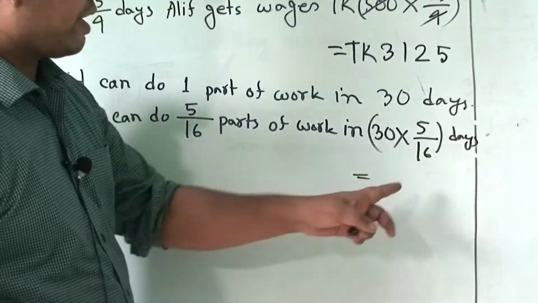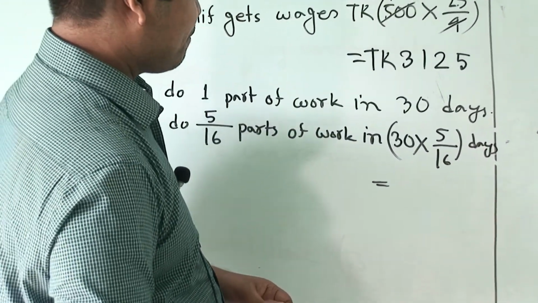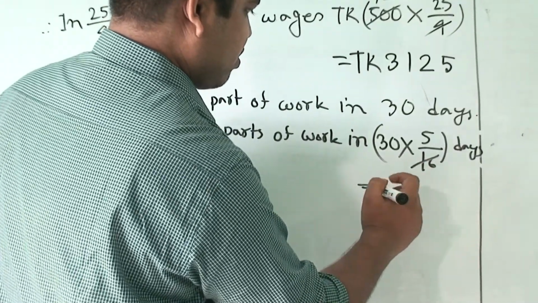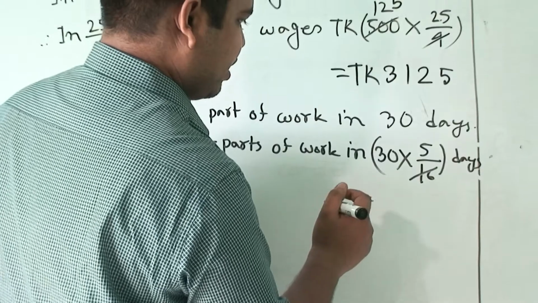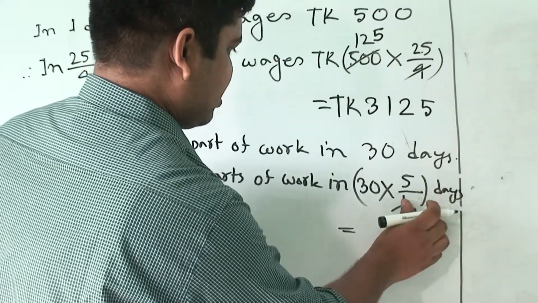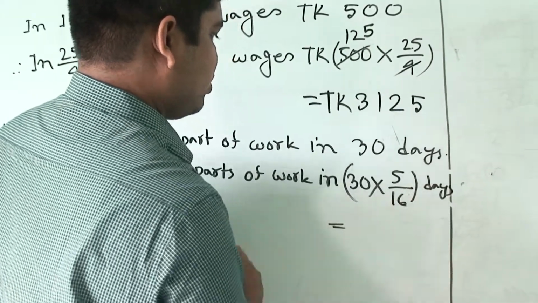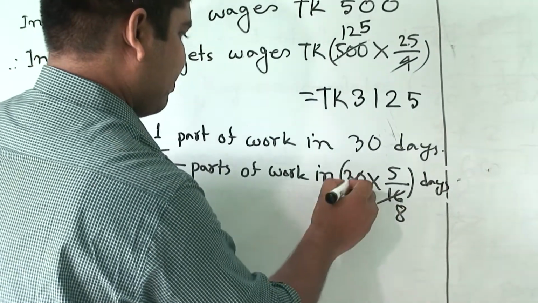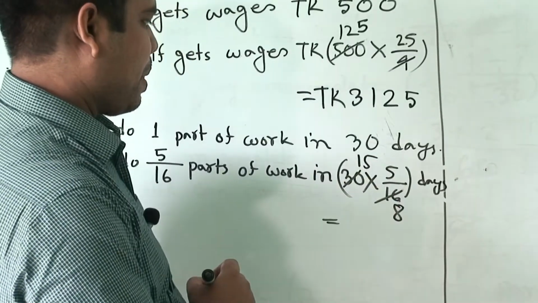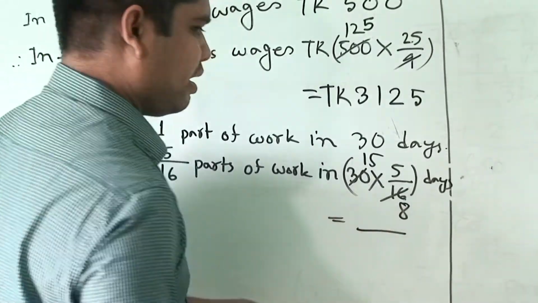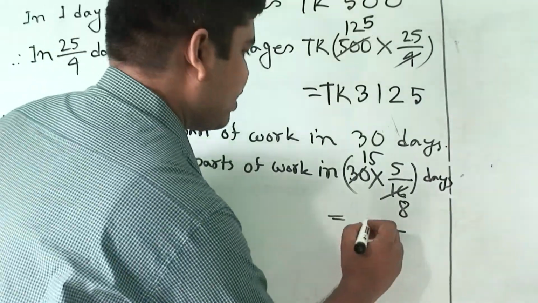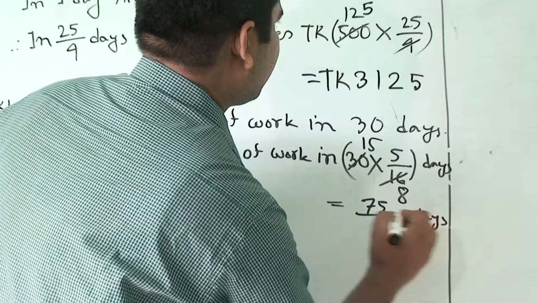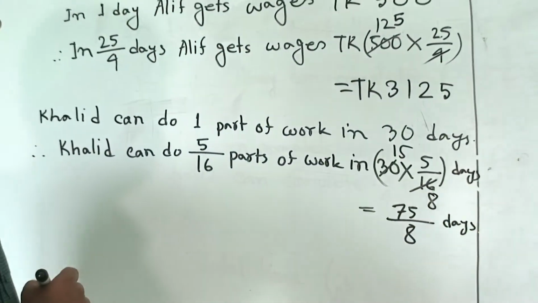Now we cut this number by 16. 2, that means 8. 2 eights are 16 and 15, 2 fifteens are 30. Now we multiply this 15 with 5 and we get 75 by 8. Okay, I hope you have understood.